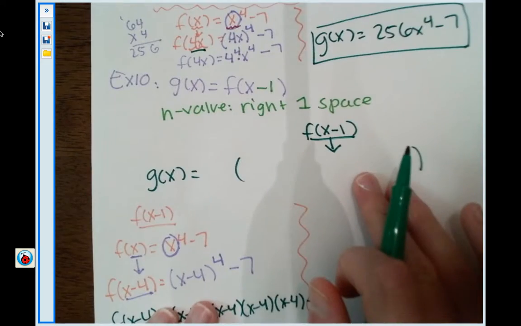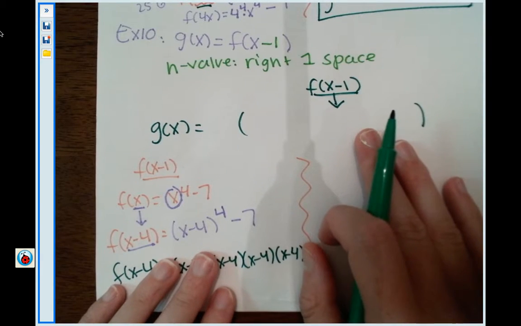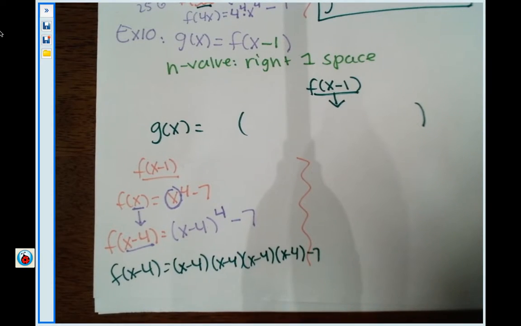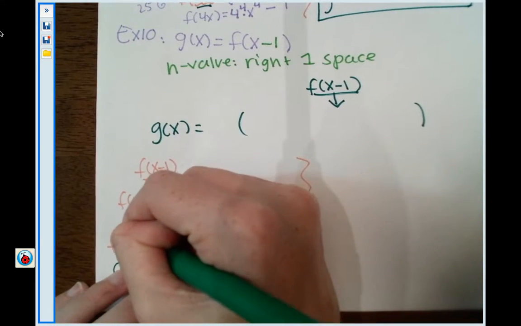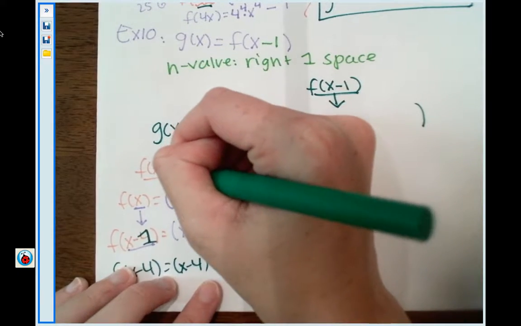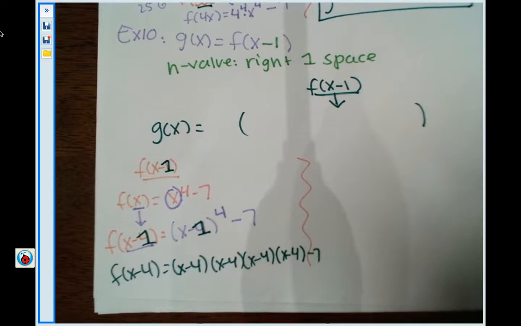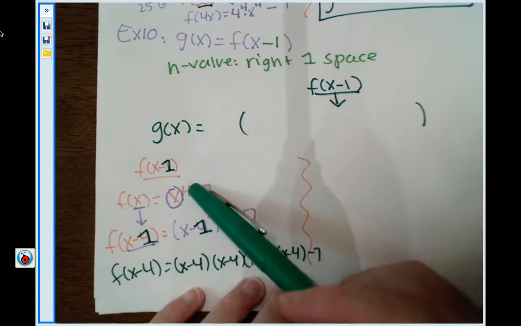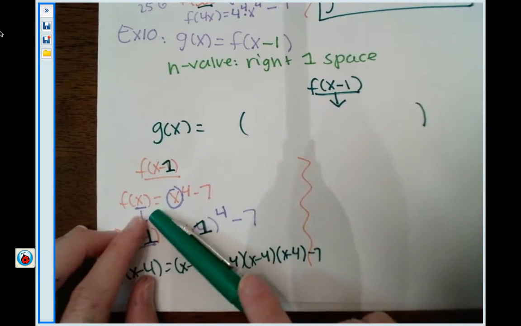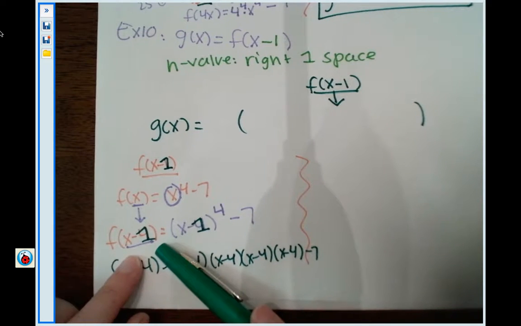And hold on. Oh, sorry, guys. I guess I was caught up on my exponent. This should have been a 1, not a 4. So just change all these 4s to a 1. I'm sorry. It's x minus 1. I don't know why I got caught up on the 4. So again, all we did is the x's transformed into x minus 1.